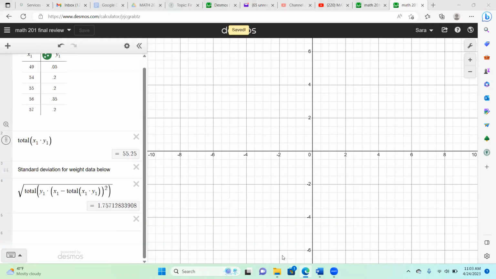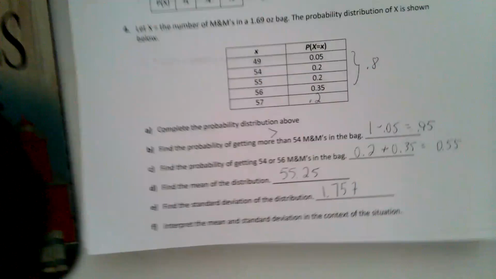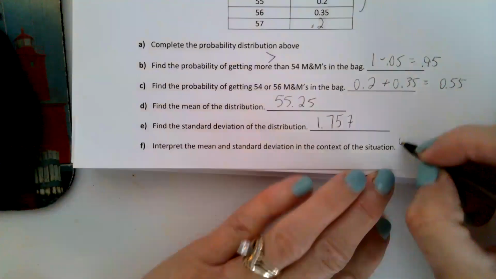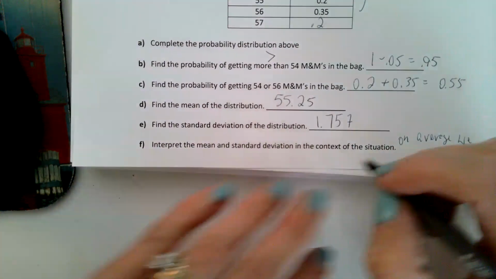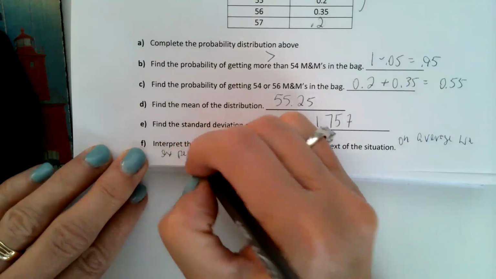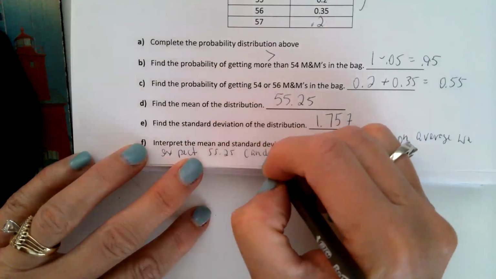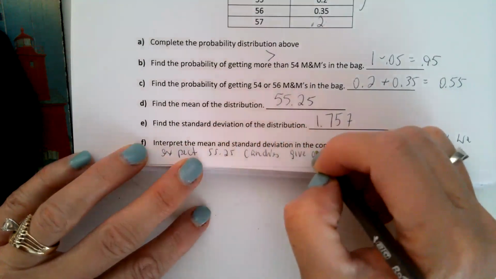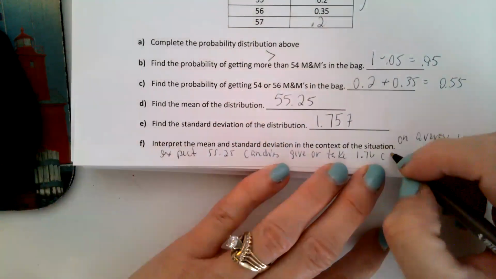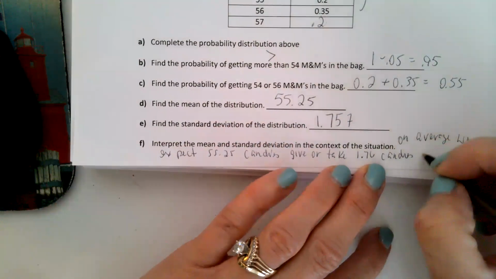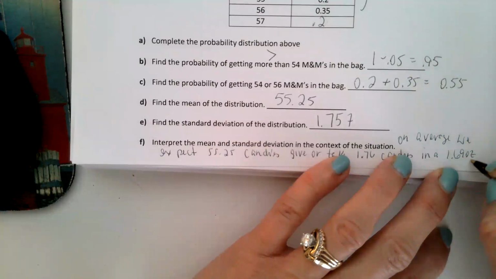So let's go ahead and just write that up. It says, on average, we expect 55.25 candies, give or take 1.76 candies in a 1.69 ounce bag.